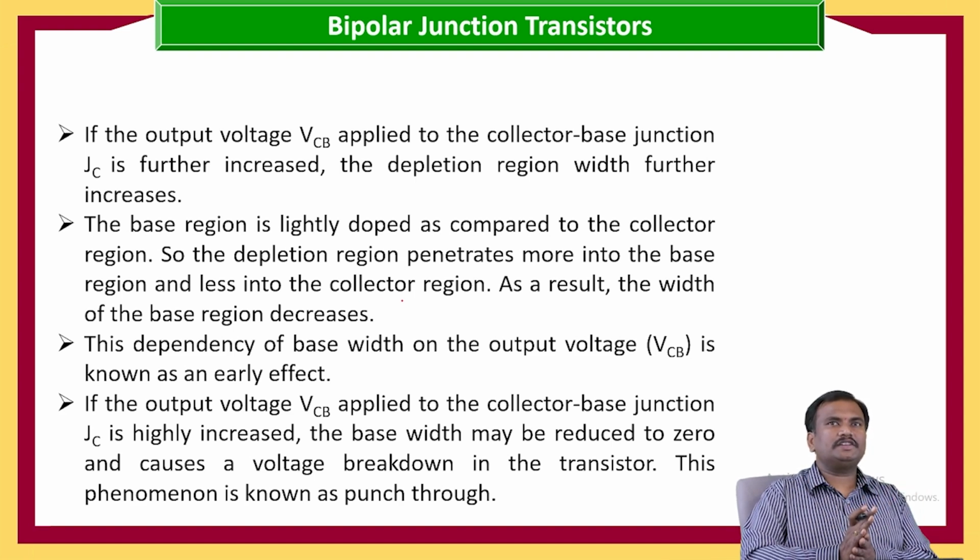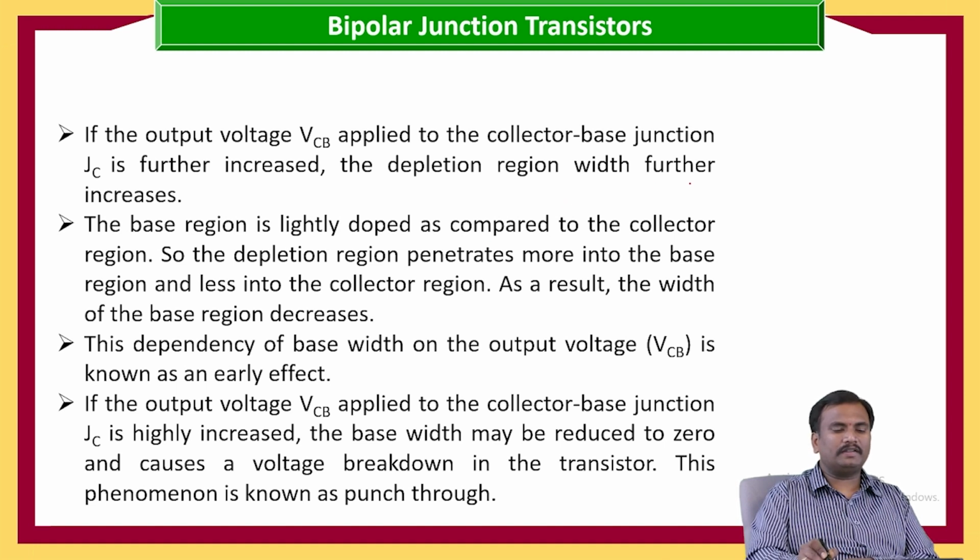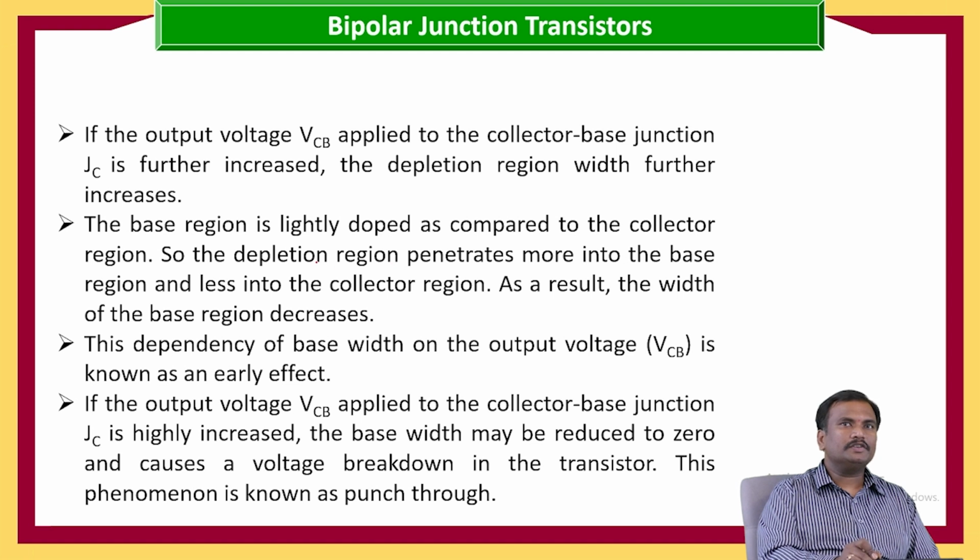The junction JC will be further increased, and the depletion region width is going to increase further. The base region is lightly doped as compared with the collector region. So the depletion region penetrates more into the base region and less into the collector region.